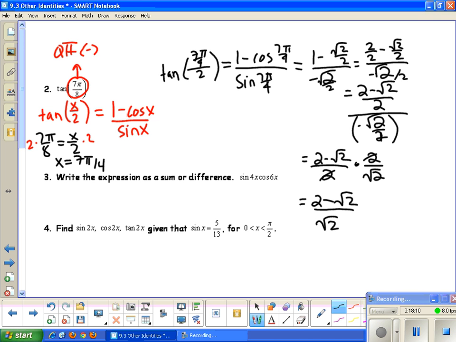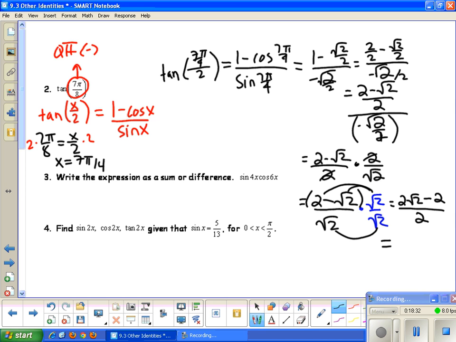Then we don't like to have radicals in our denominator, so I'm going to multiply that by root 2 over root 2. So when I do that, I have to distribute this to each of my terms here. I get 2 root 2 minus root 2 times root 2 is root 4, so minus 2, over, and again, root 2 times root 2 is root 4, which is just 2.